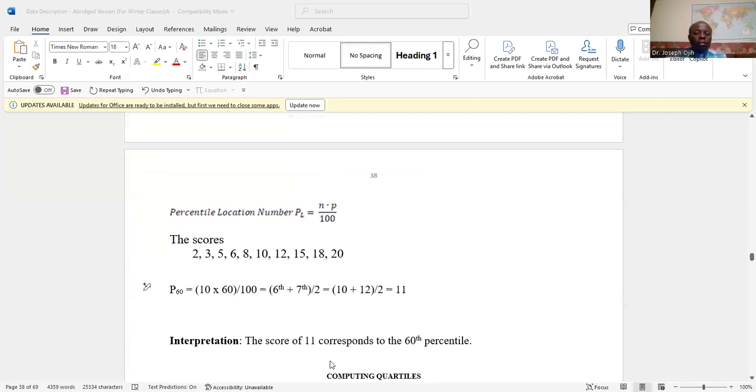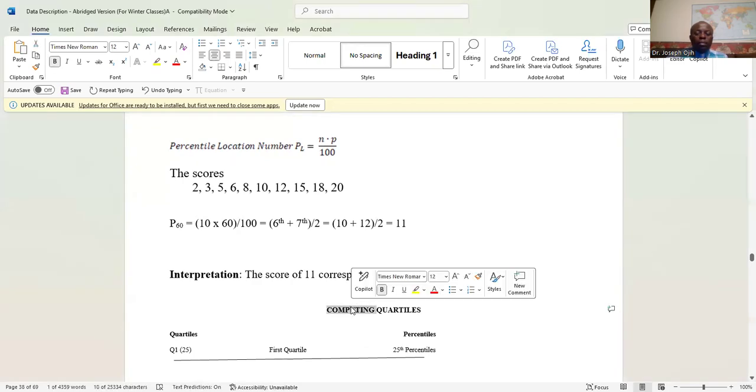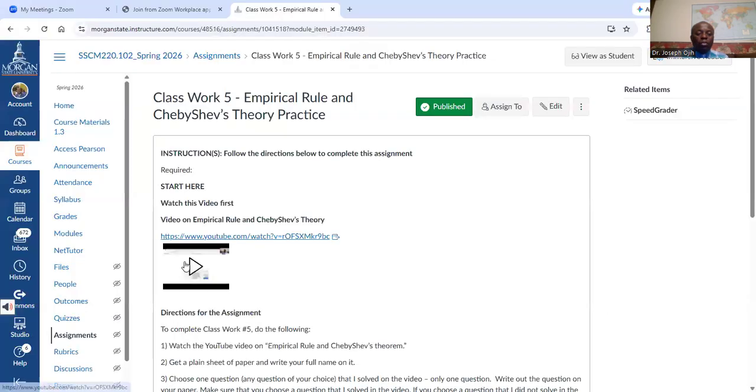Now, we're rounding up. Next week, we begin computing the quartiles. What you're going to do tonight is your classwork. Watch the video. This is not part of what we covered now, so that's why I put a video.